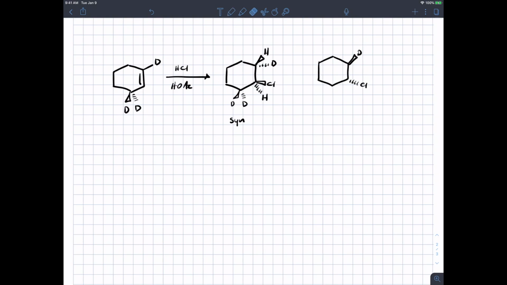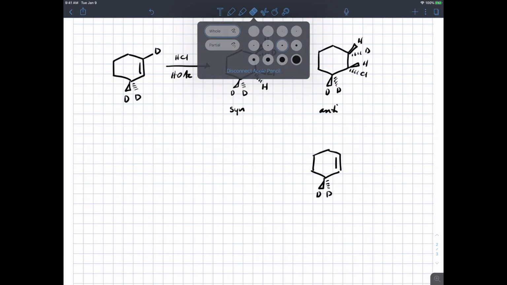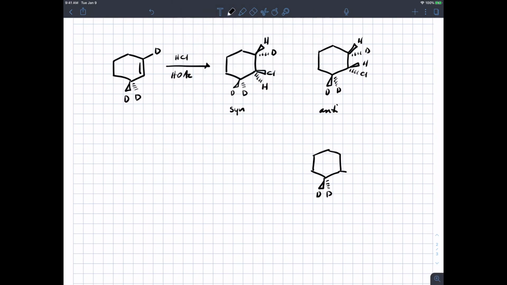Oh, Joshua, we're struggling today. This is the anti-addition product. And there is another anti-addition product that can occur if the H from HCl adds first over here. Oh, hold on.